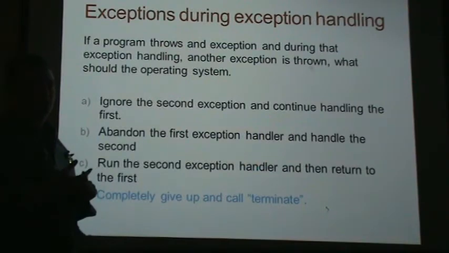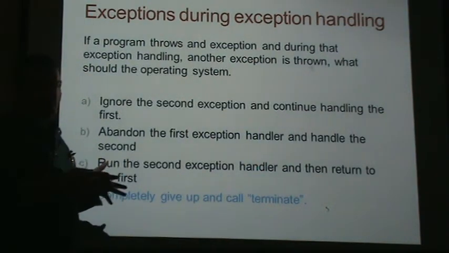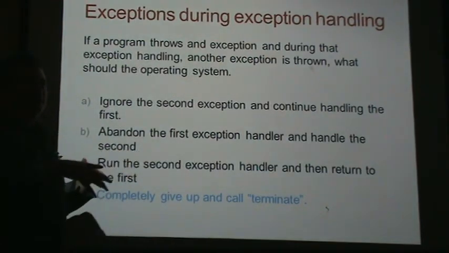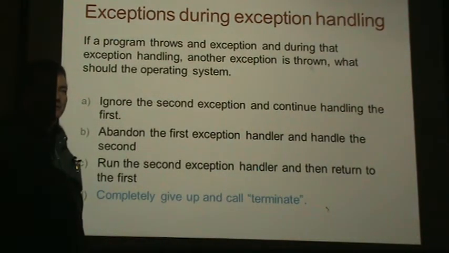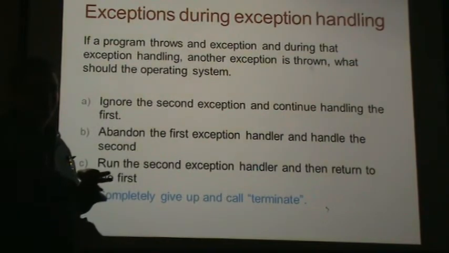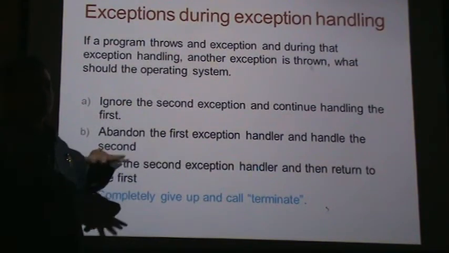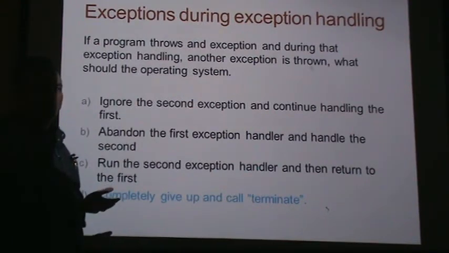Then you could argue that we should let the second one run, and then whatever happens at the end of that, hopefully it returns the control back to the first one, and the first one can continue. So the operating system should allow it, but the operating system can't be guaranteed that every programmer is a really good one and writes really good exception handling for their exception handlers. It might just turn into a disaster.